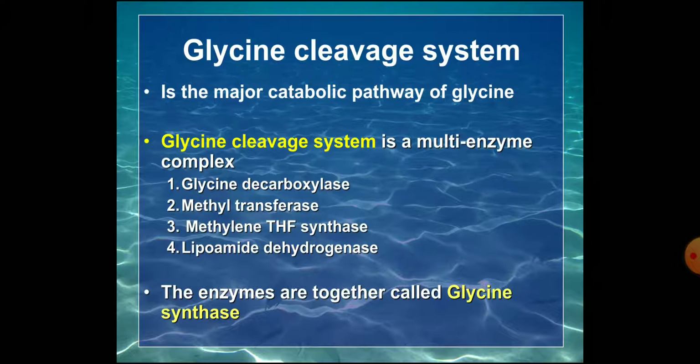So remember, the major catabolic pathway of glycine, or the degradation of glycine, is through the glycine cleavage system, that is a multi-enzyme complex containing glycine decarboxylase, methyl transferase, methylene tetrahydrofolate synthase and lipoamide dehydrogenase, and actually this is the reversal of glycine synthase, where ammonia and carbon dioxide are used to form glycine.